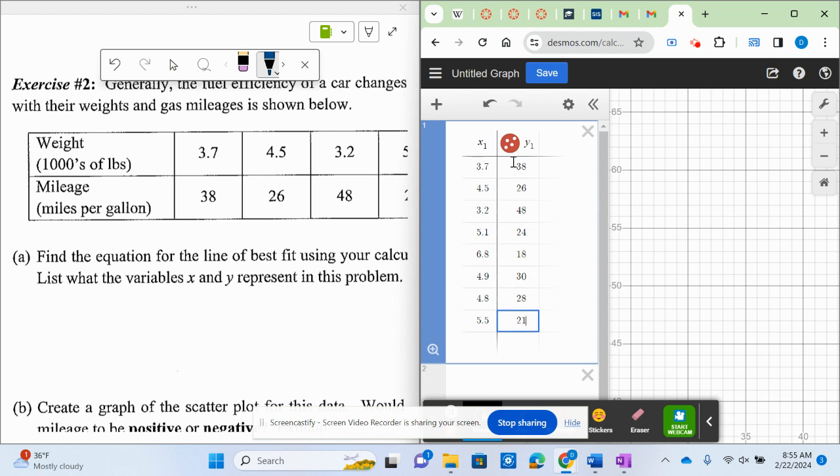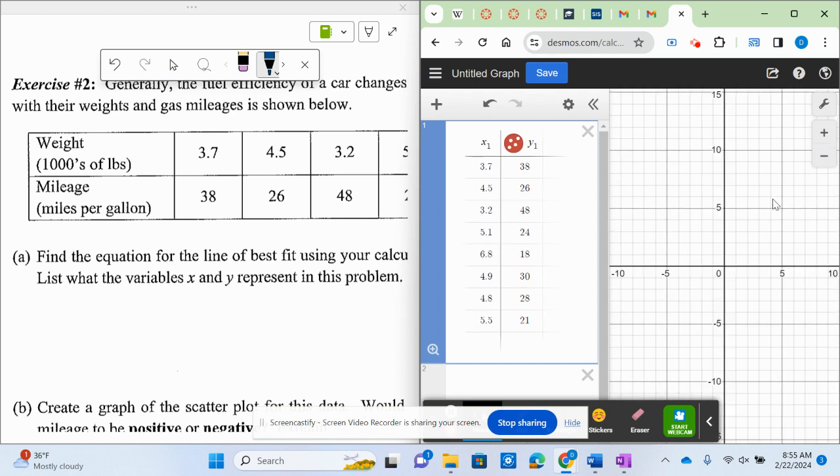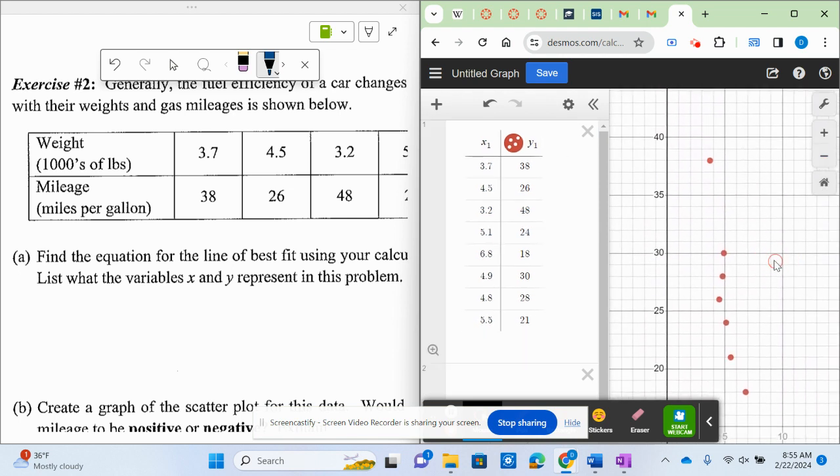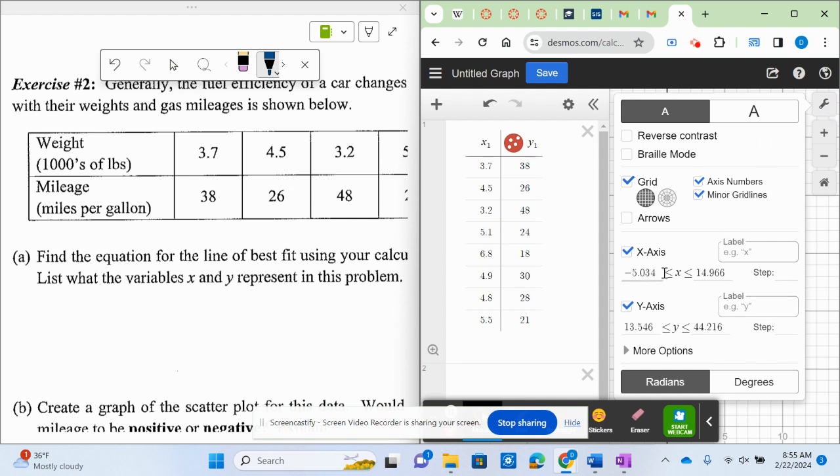Once you get your points plotted, you should be able to see your scatter plot. Okay? For those of you just watching, you have a little gear, like a little wrench, in the top right of your Desmos. You can adjust your X max and mins.